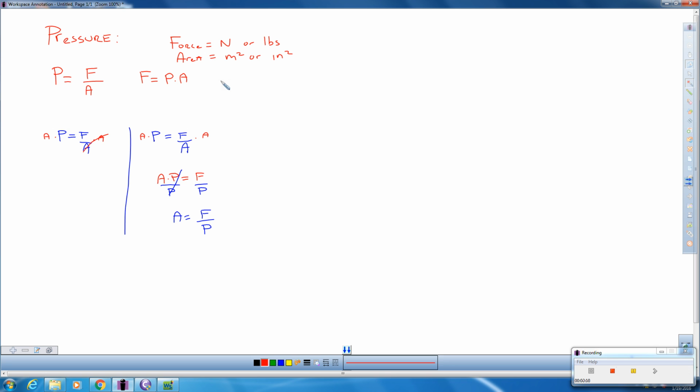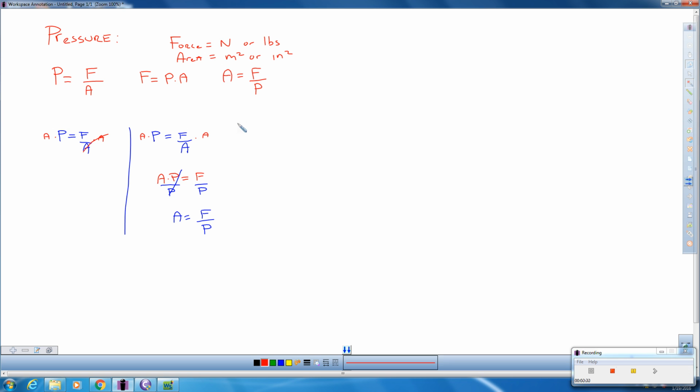So although it's one equation up here, we need to be able to find all three variables based on what's given to us. I always like to remember it in terms of force: force equals pressure times area. But if you prefer the other way, pressure equals force over area.